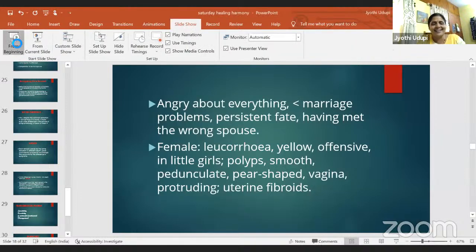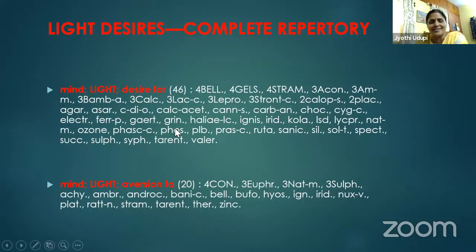See, I'll tell you this as a student, even after we started practicing, you see one rubric in the mind section, light, desire for. When we went for bedside case taking, we used to ask, when you sleep, do you want your lights on or off? We never thought beyond this repertorization. We never thought beyond what this rubric can ask.